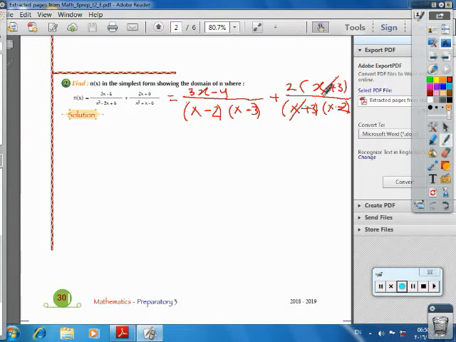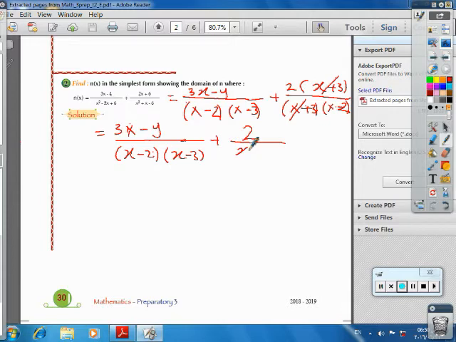Okay. The first fraction, (3x − 4) over (x − 2)(x − 3), plus the second fraction, 2 over x − 2.